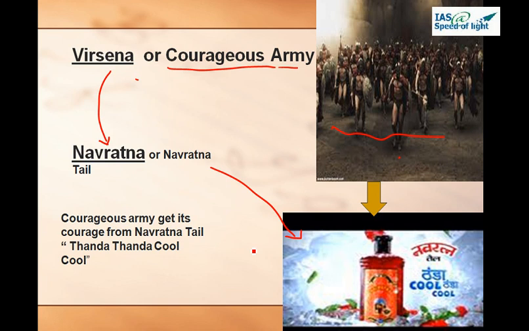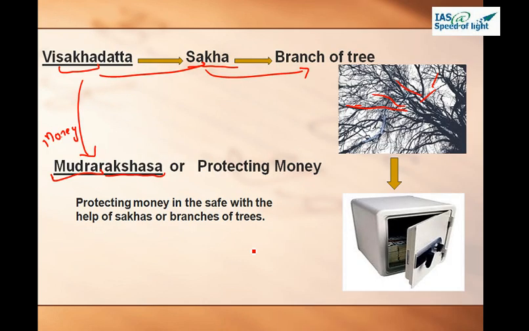Veer Sena, courageous. You cannot forget this one now. From where was Veer Sena getting all of its courage? Navratna Tel, through Navratna Tel. They were putting Navratna Tel on their hair. So Navratna Tel or Navratna, written by Veer Sena. Vishakha Datta, Shakha, branch of tree.